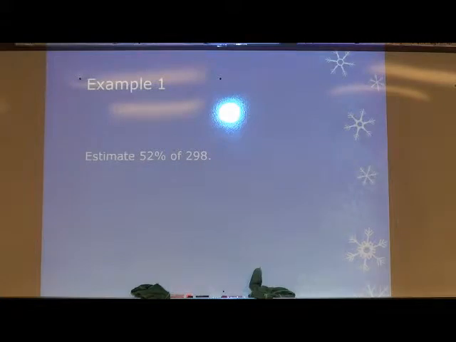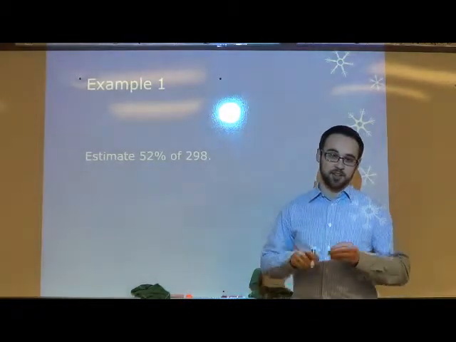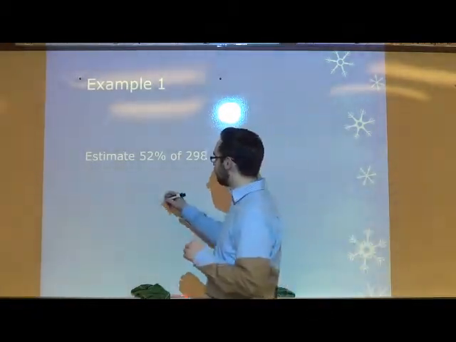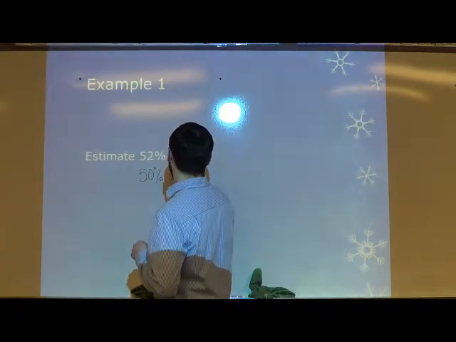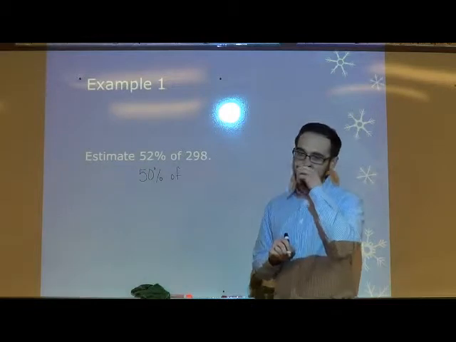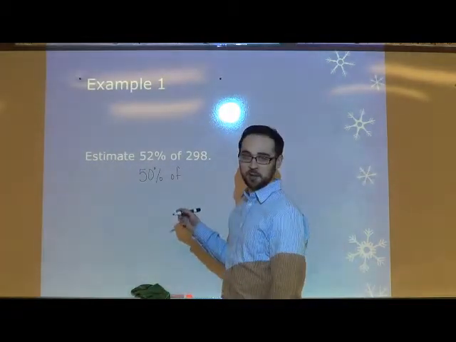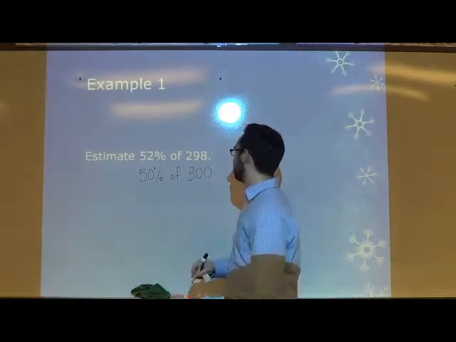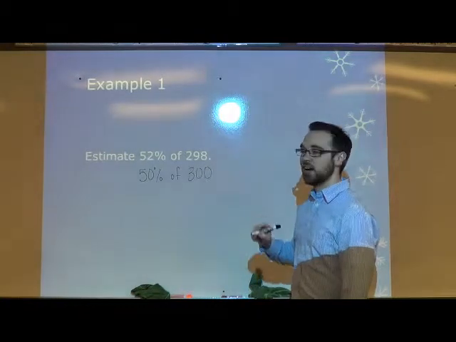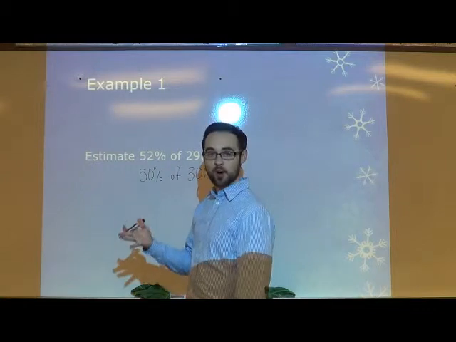First question. Estimate 52% of 298. Again, since we're estimating, I don't want to do 52%. It's close to 50, so I'm going to round this down to 50%. But I want to know that of 298. Instead of doing 298, because that's going to be really weird, why don't we just round it to 300? Because 300 is way easier to divide by 2 than 298 is. So 50% of 300. Well, 50%, look at your chart, is what fraction? 1/2.